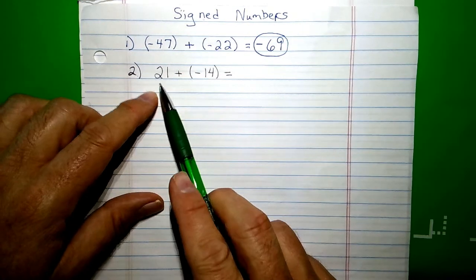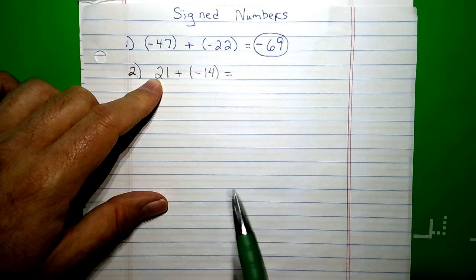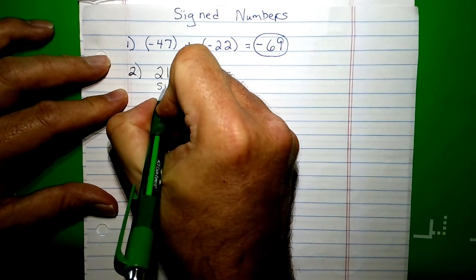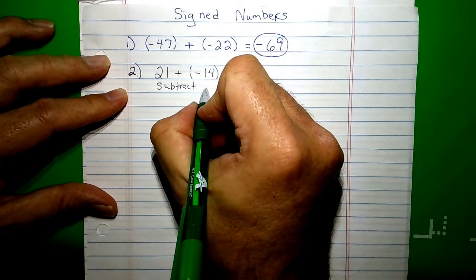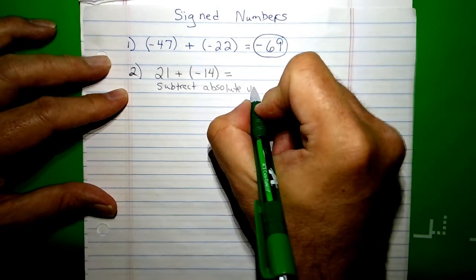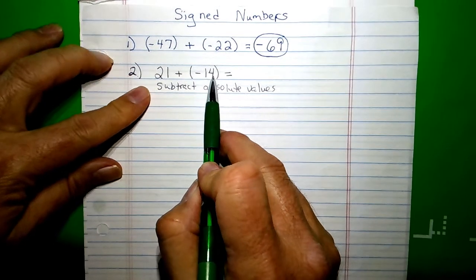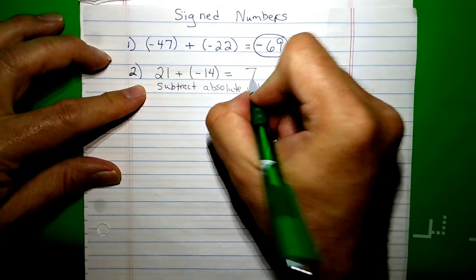Now, what about adding a positive and a negative? Well, to add a positive and a negative, what you're going to do is subtract what's called their absolute values. That's the number without a negative on it. So subtract the 21 and the 14. That would be 7.